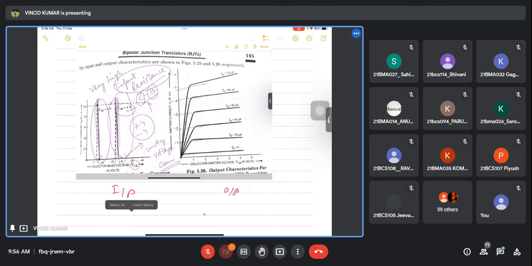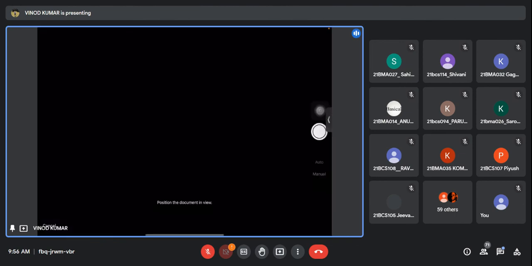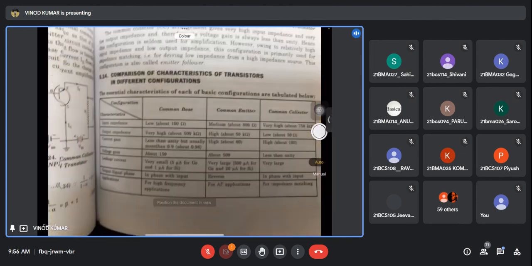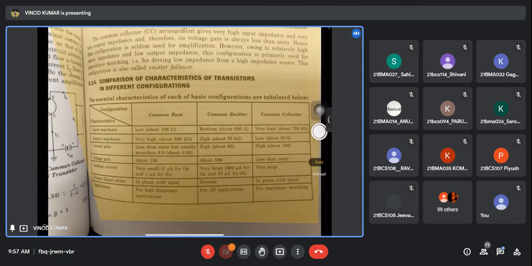There is one more file. I can show you this comparison. This is very important comparison.